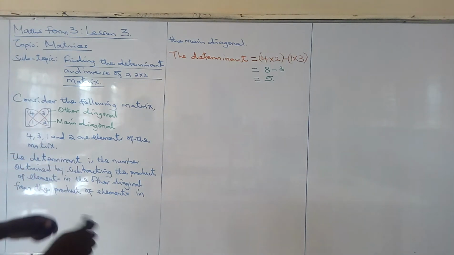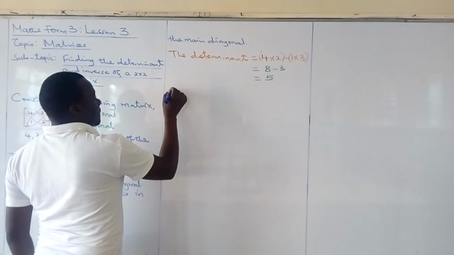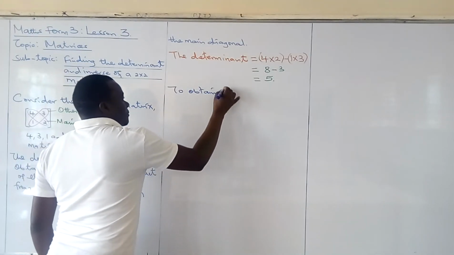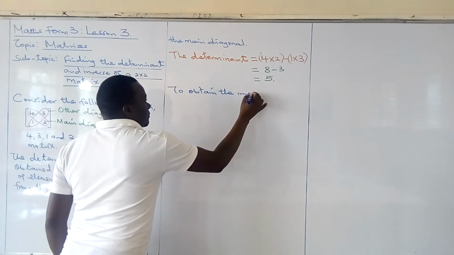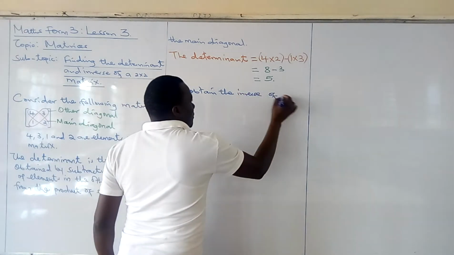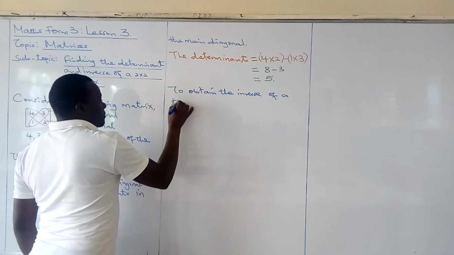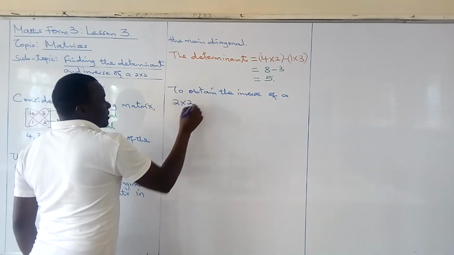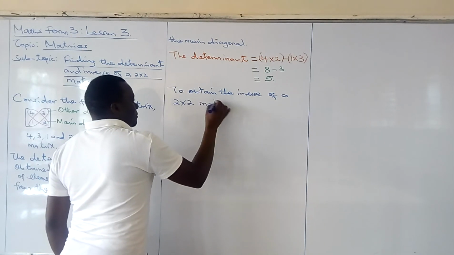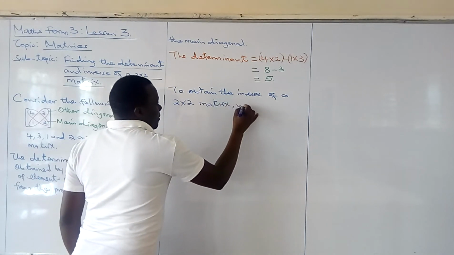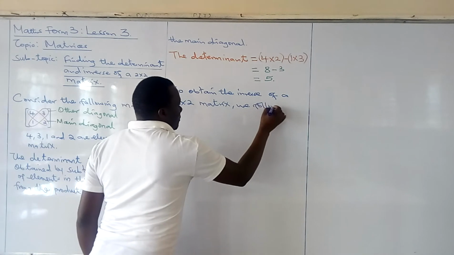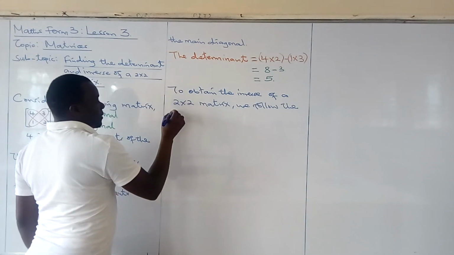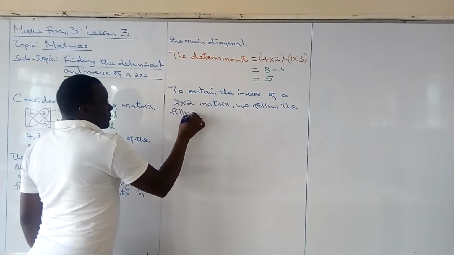We will now say, to obtain an inverse of a 2 by 2 matrix, we follow the following steps.